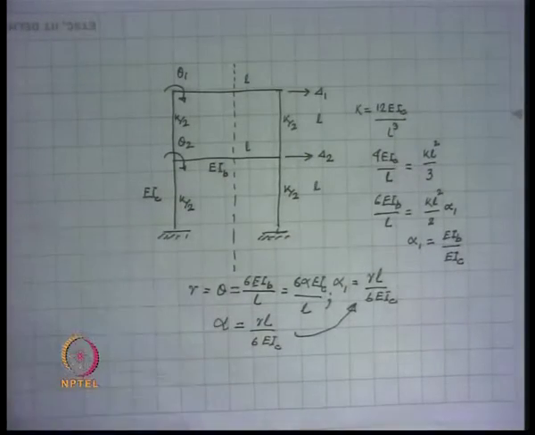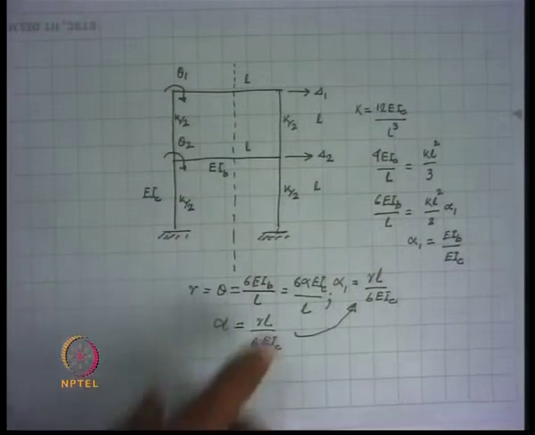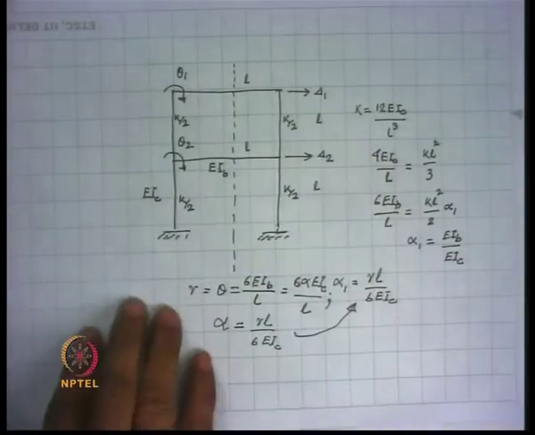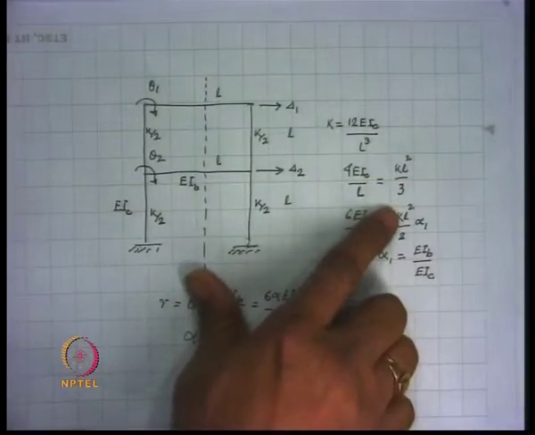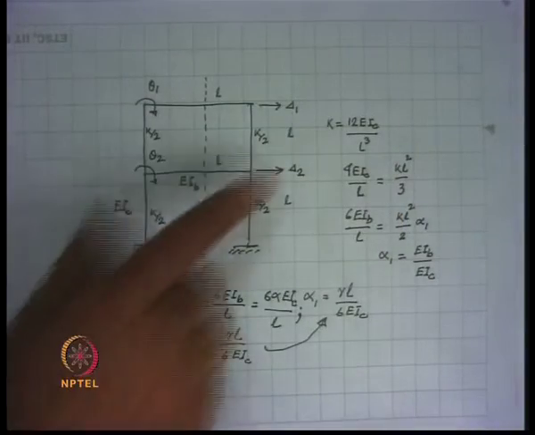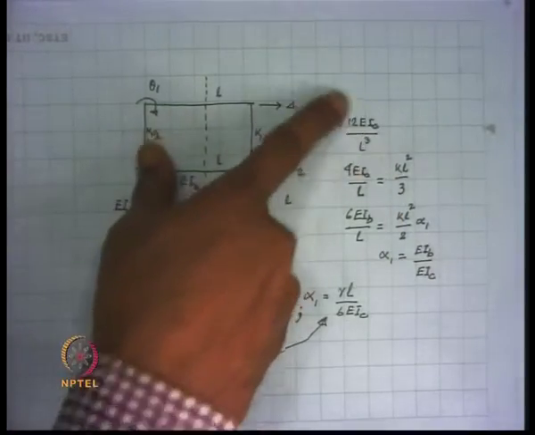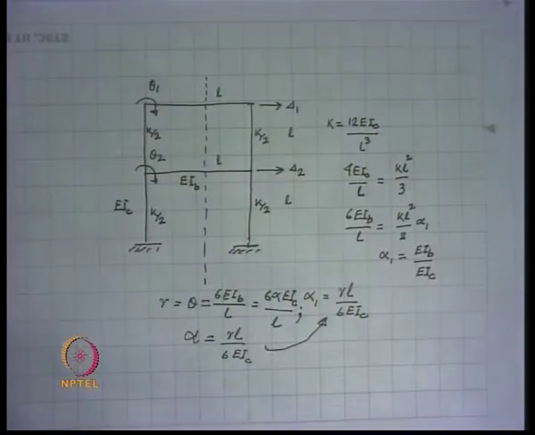Beams are also having a length of L. The 4 EIC by L turns out to be kL square by 3 from this value of the k which is defined at the top.